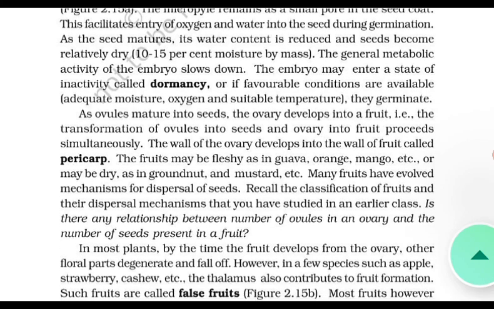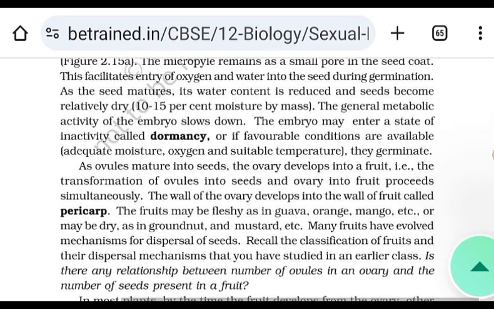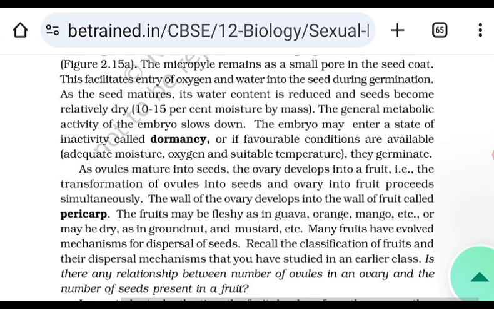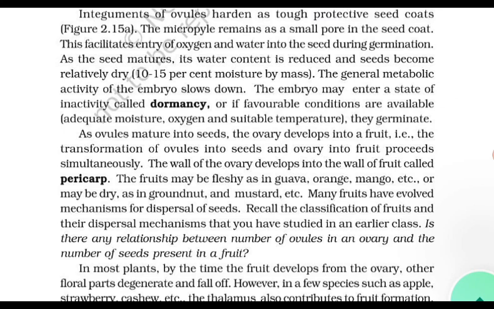Embryo. Embryo develops at the micropylar end of the embryo sac where the zygote is situated. Which end? Micropylar end of the embryo sac where the zygote is situated. Most zygotes divide only after a certain amount of endosperm is formed.